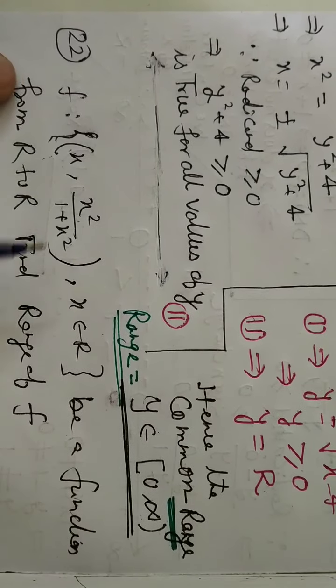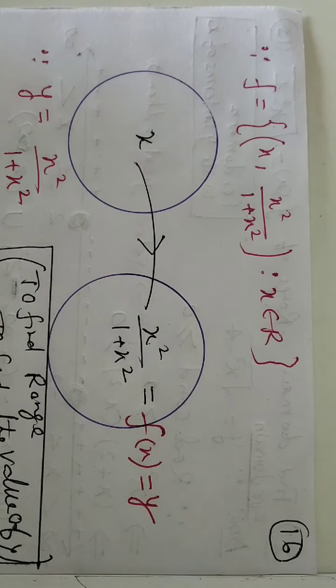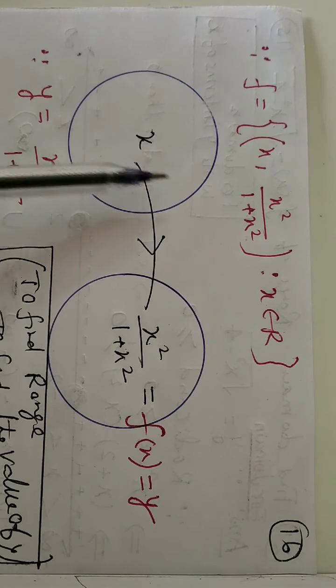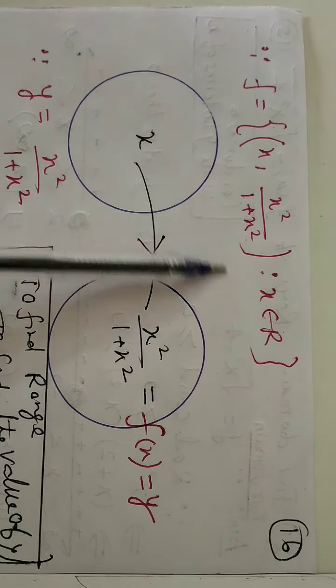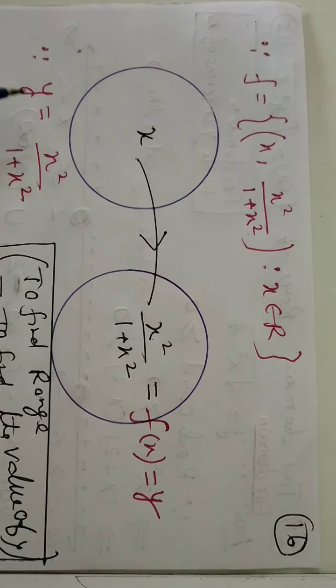Now question 22, find the range. Just see how to find the range. This is the question. x goes to x squared by 1 plus x squared. This is called f(x) and also called y. Now y is equal to this.